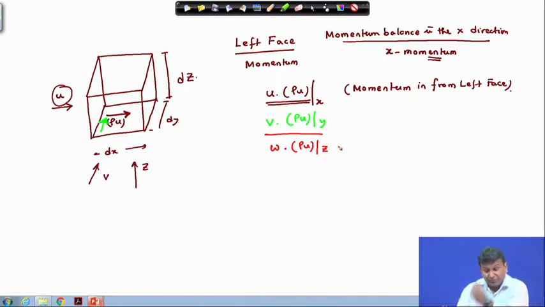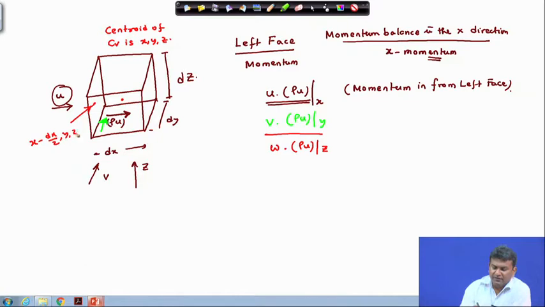And if you decide that the centroid of the control volume is x, y and z, then actually the location over here becomes x minus dx by 2, y, z. So, you can write all these things very carefully, and so this is actually the momentum that is entering.